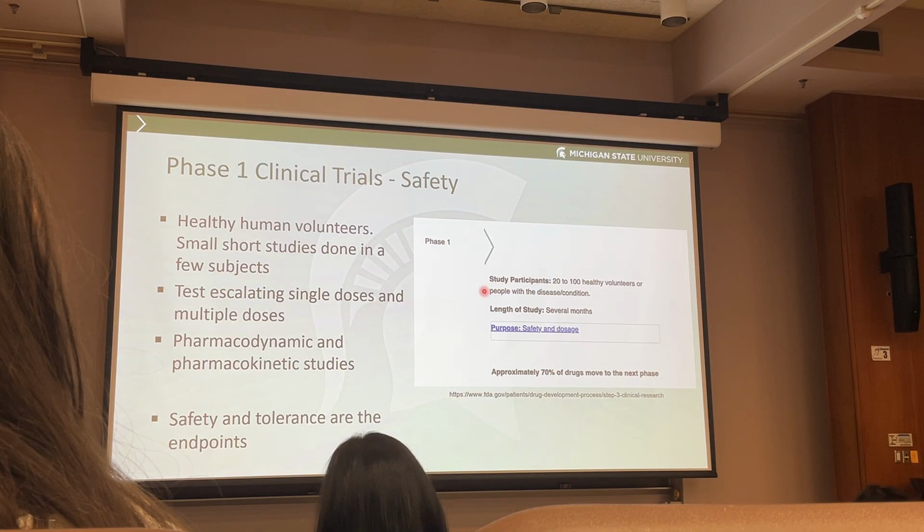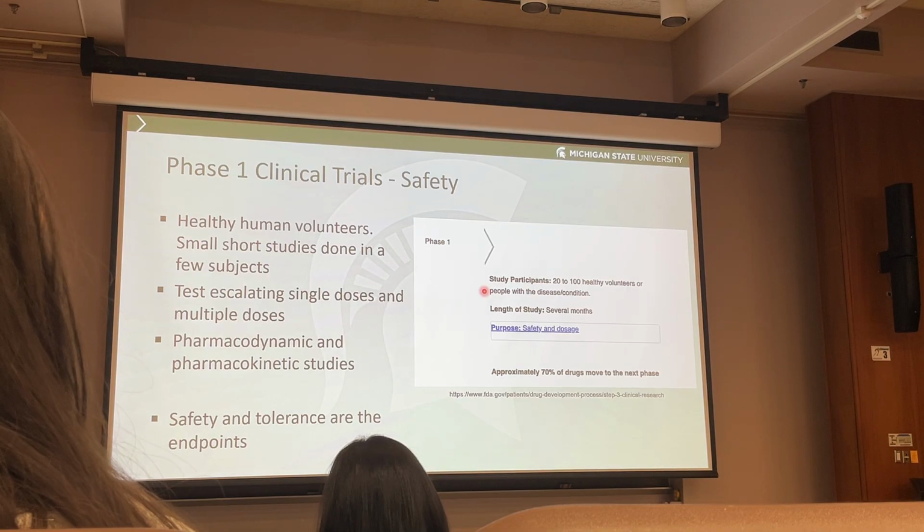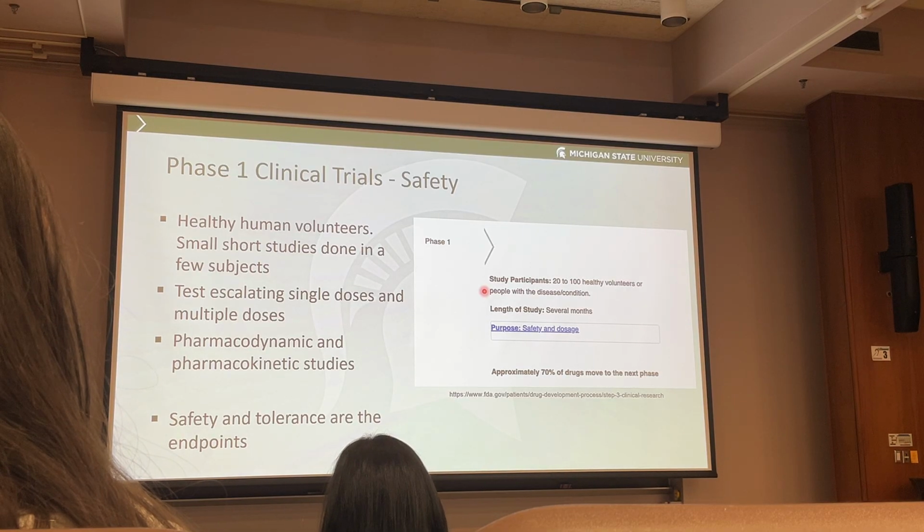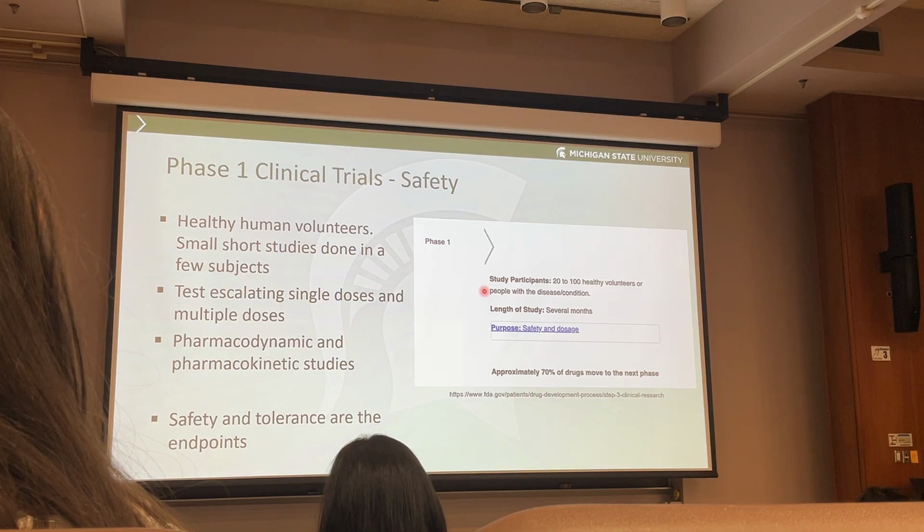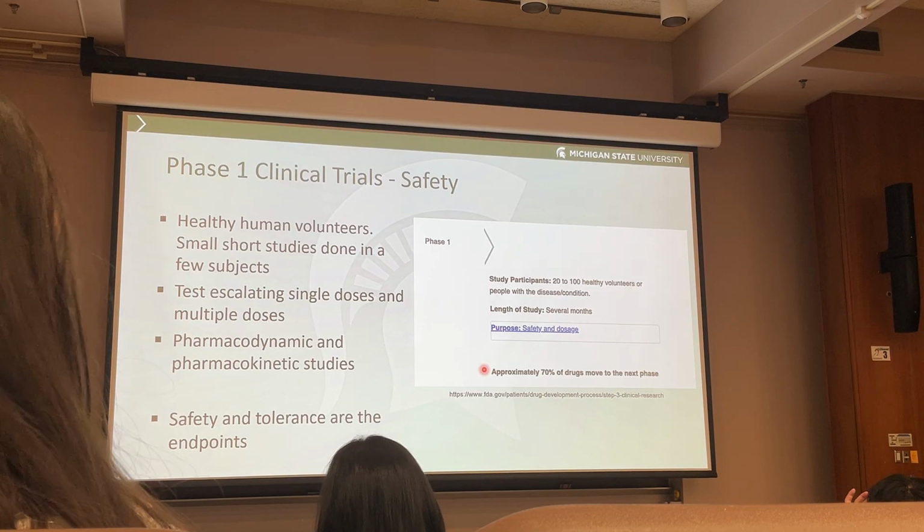But for the most part, phase 1, healthy individuals, small group, short study, several months here, usually up to a year. And yes, you're looking at safety, right? But this is big. About 70% of the drugs make it through this. Pretty good. About 3 out of 4 are successful.